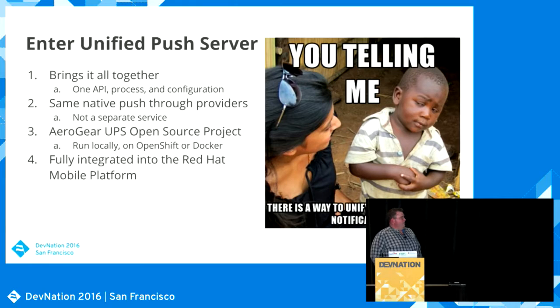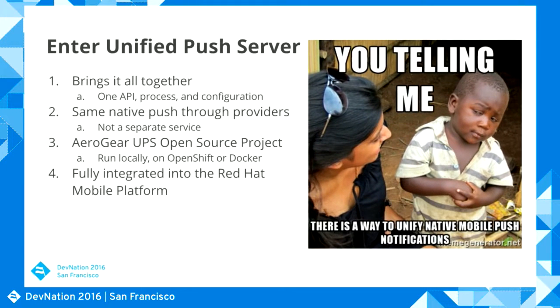Now, this is where the unified push server comes in. This is a project. It's actually, like I mentioned, part of the AeroGear open source project. And it's fully integrated into the Red Hat platform. I'm going to show you that in just a minute. This puts all of the APIs, all of the settings into one console. There's one API for sending notifications.